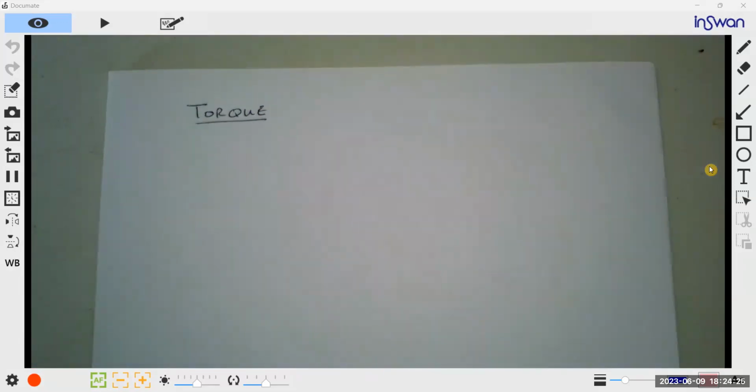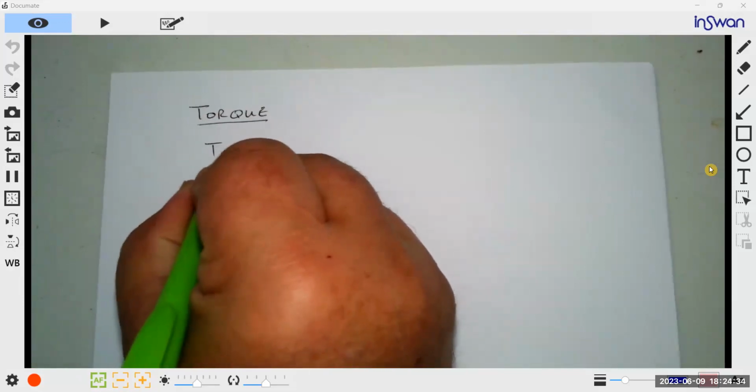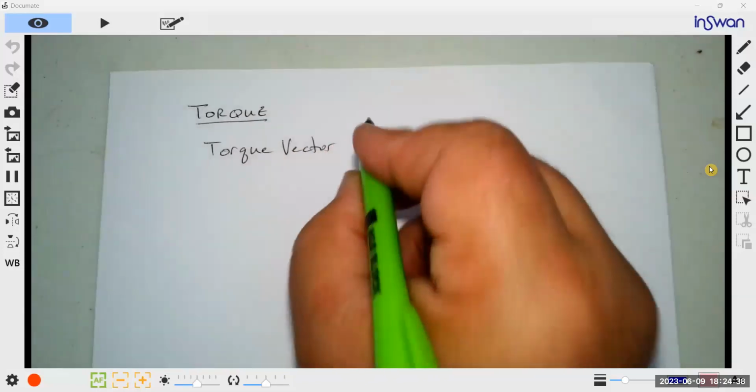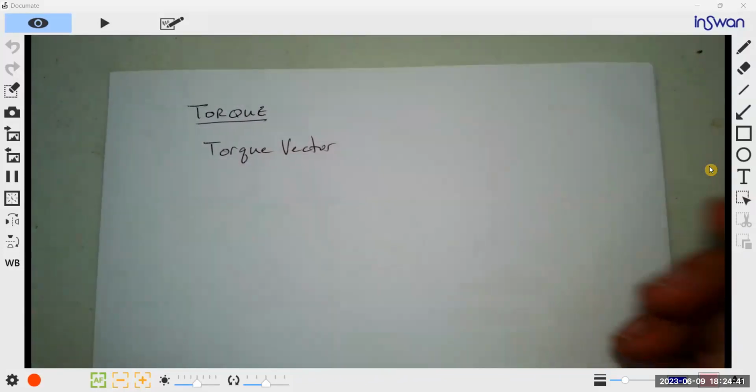One of the uses for the cross product is to determine torque, or a torque vector. What is a torque vector?